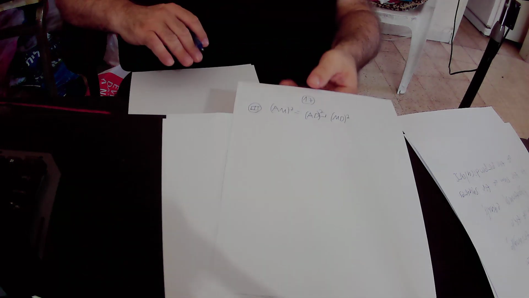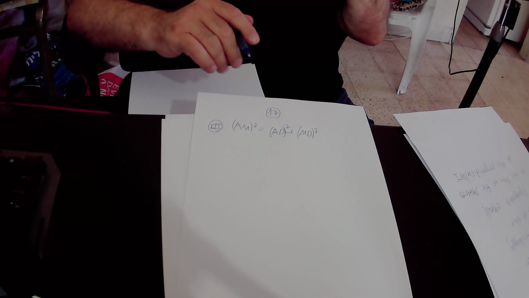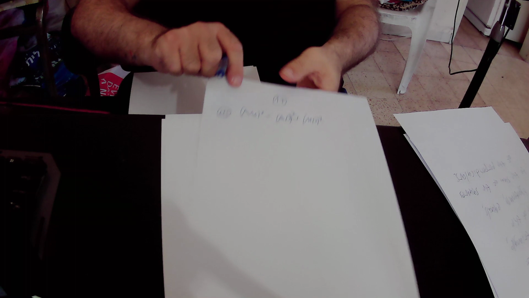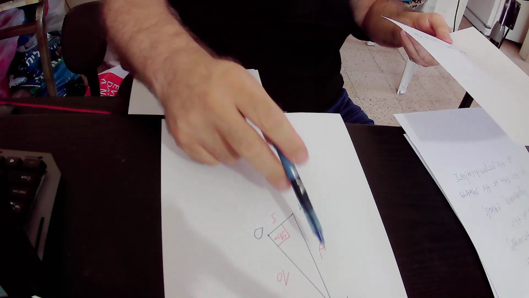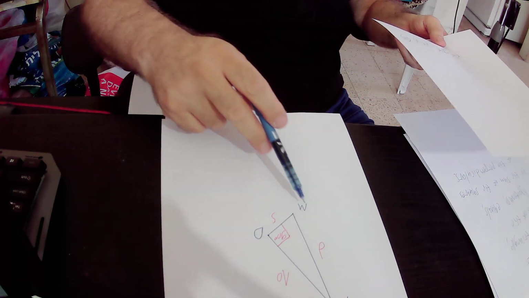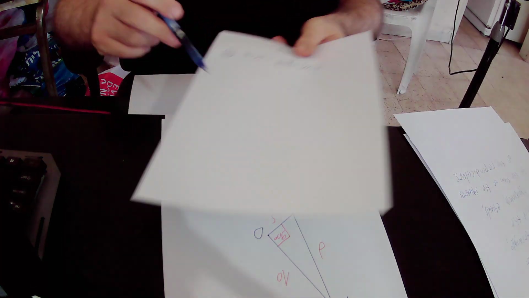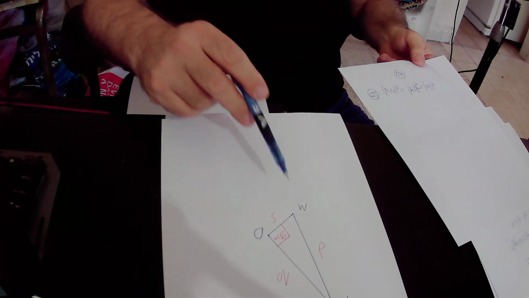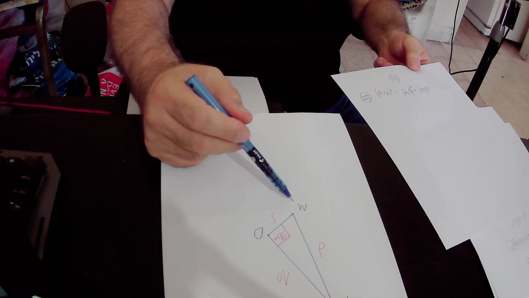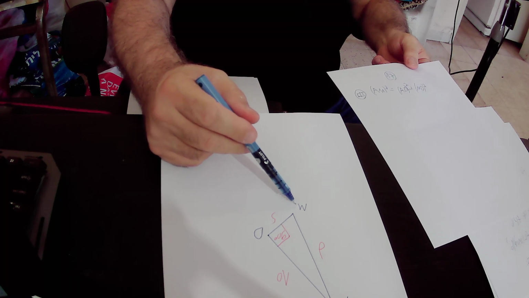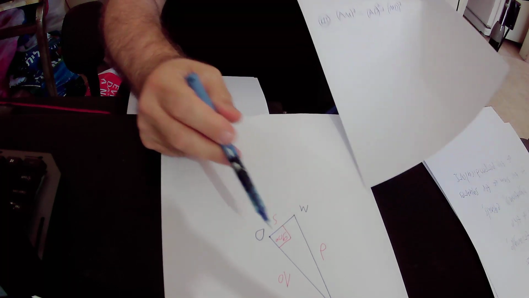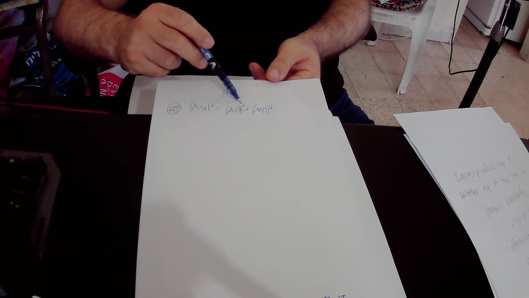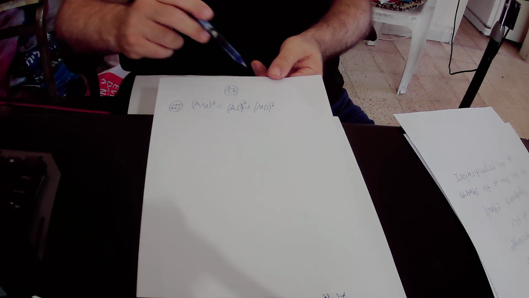Okay, according to the Pythagorean theorem, the square of the hypotenuse, that is to say AM square, because AM is the hypotenuse of this right triangle MDA, equals the sum of the squares of the perpendiculars, AD square plus MD square.